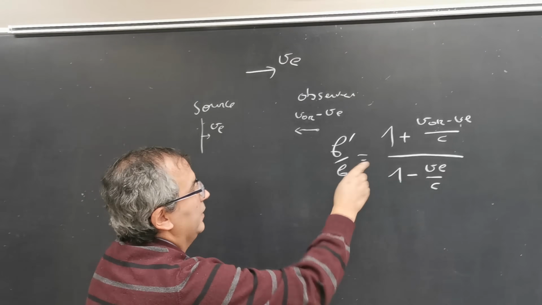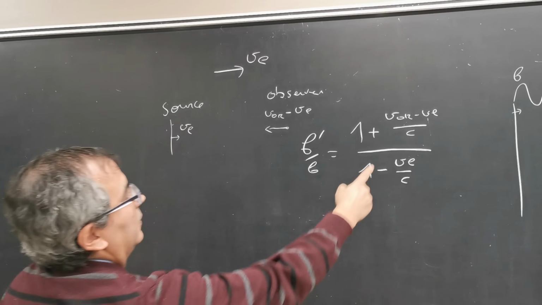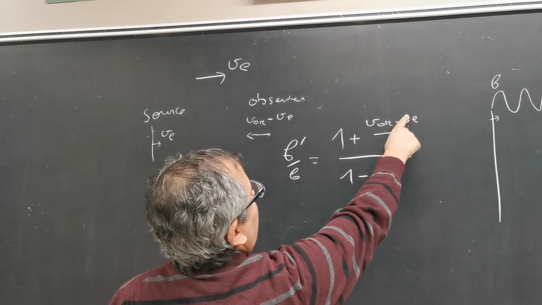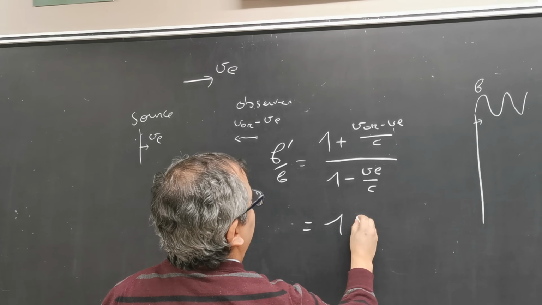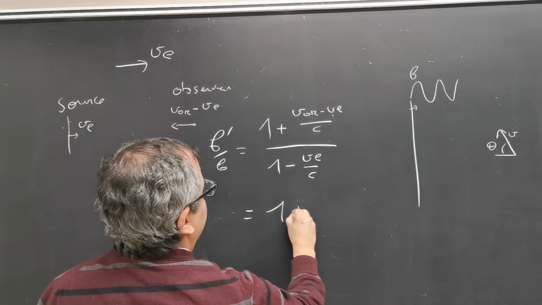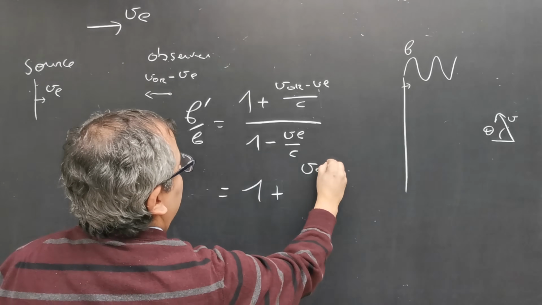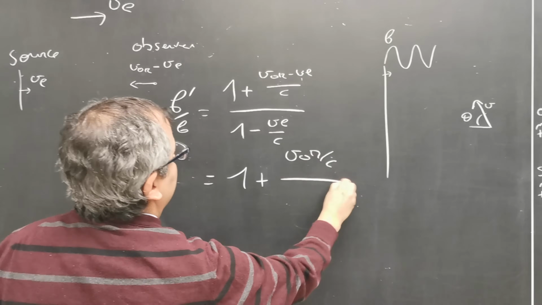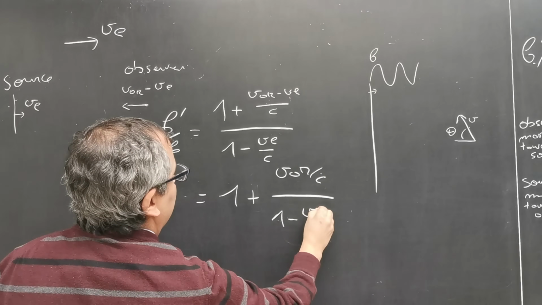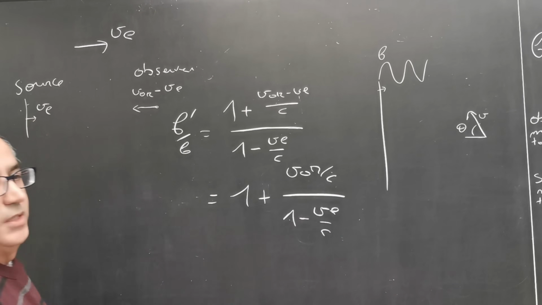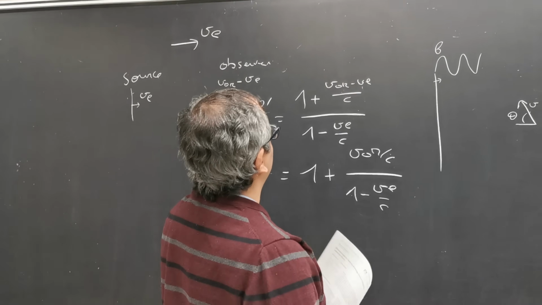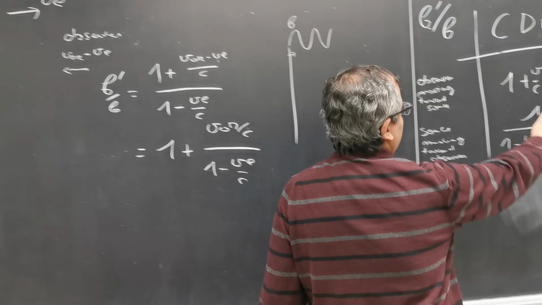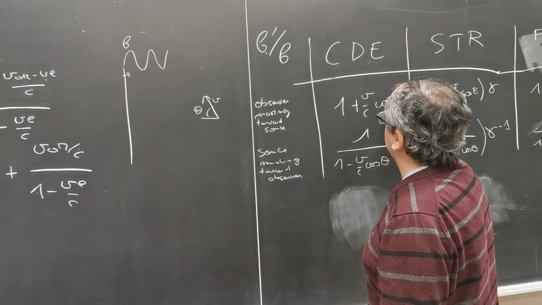And we can simplify this. If you see here the minus VE over C, we can put it aside. It's going to give us 1 plus V_OR over C, divided by 1 minus VE over C. I didn't put the angle theta here for simplification, so we just put theta equals 0.